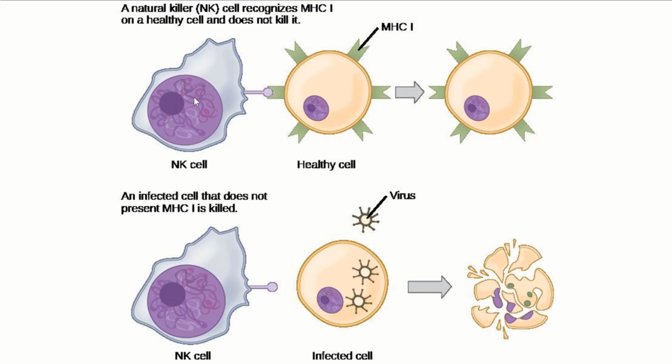So the natural killer cells come along and they're checking and they're like, oh yeah, there's an MHC here, so I'm just going to leave this cell alone. But down here, you can see the natural killer cell goes to look for the MHC and it's not there. So what it does is it kills the cell. So MHCs not only help us learn new antigens, but they also help us sometimes just tell whether or not a cell is healthy or whether it's been infected.